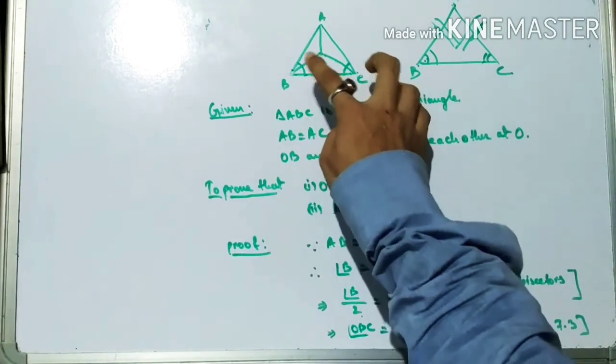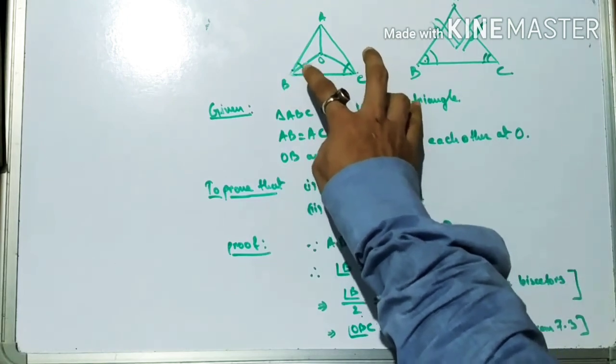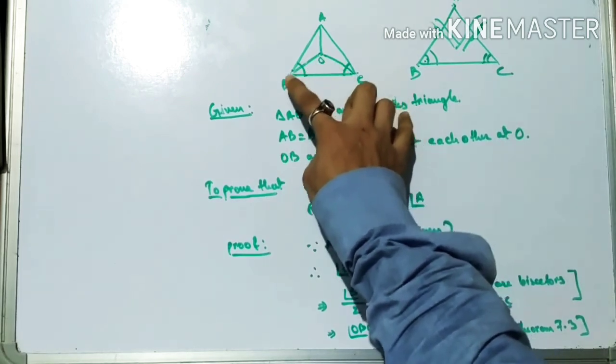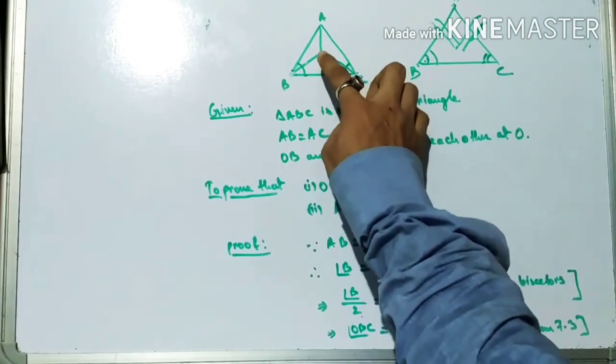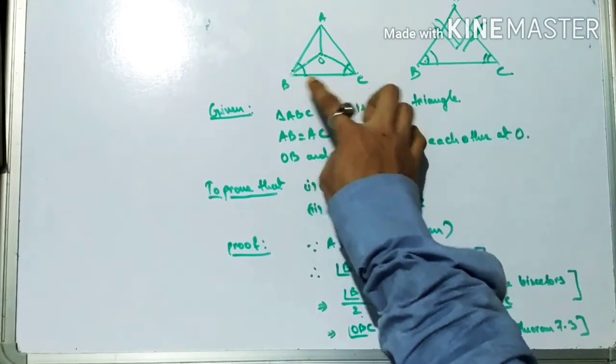So this whole angle is B, and OB is the bisector. When I divide angle B by 2, I can write OBC or OBA, but instead of OBA I will write OBC.